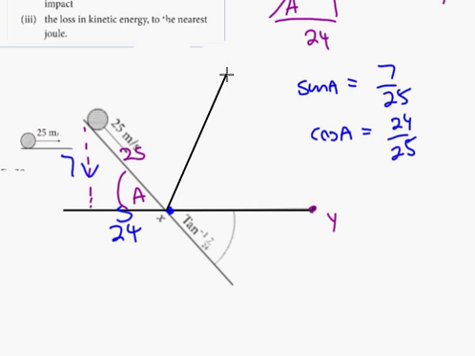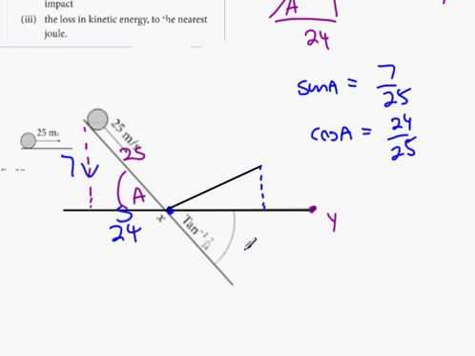Will it bounce back out at the same angle, or will it be a shallower angle, or will it be steeper? You tell me. Why is it shallower? The reason it's shallower is the speed that's parallel to the plane doesn't get affected. The 24 is completely unaffected.